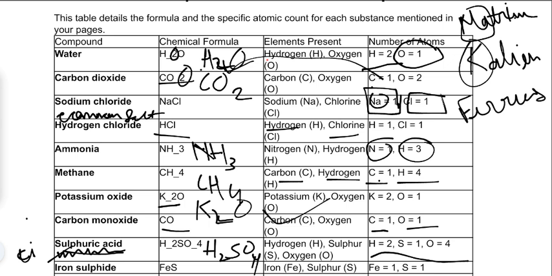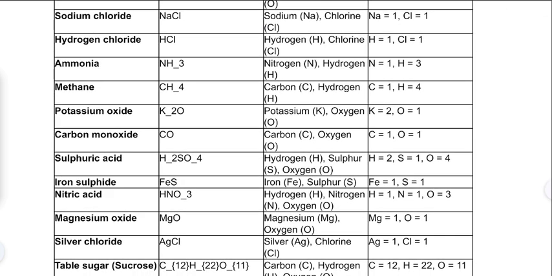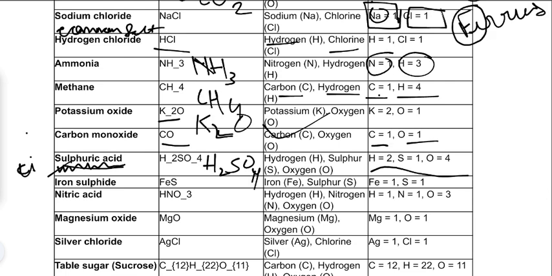Since we have formed its chemical formula with the help of its Latin name, which is Fe, and sulfur is S, that's why the chemical formula is FeS. Elements are iron and sulfur. Number of atoms of iron is 1, sulfur is also 1.